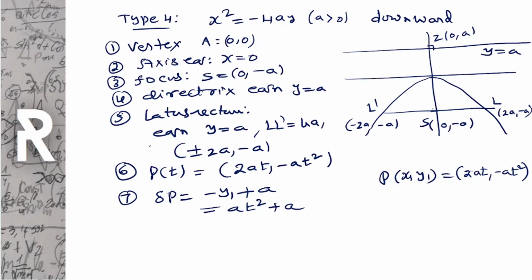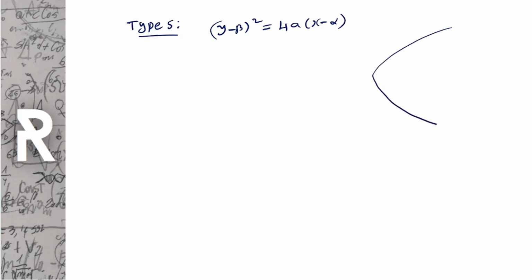If the vertex is shifted to (alpha, beta), the 4 equations change. I will draw these 4 equations. Type 5: vertex shifted to (alpha, beta) from the first type. (y minus beta) whole square equal to 4a into (x minus alpha). It is exactly type 1, but the only thing is the vertex shifted to (alpha, beta).